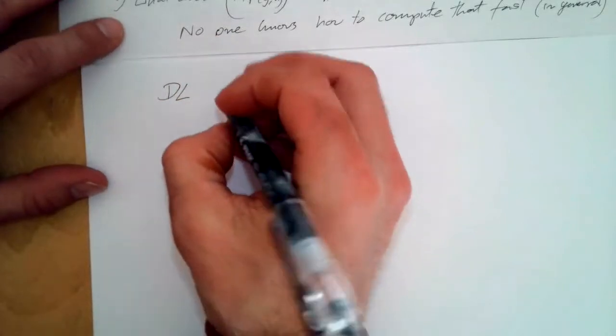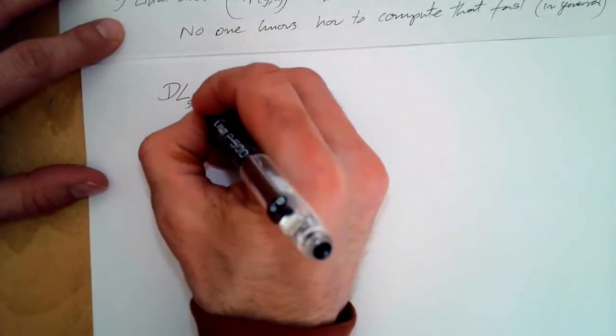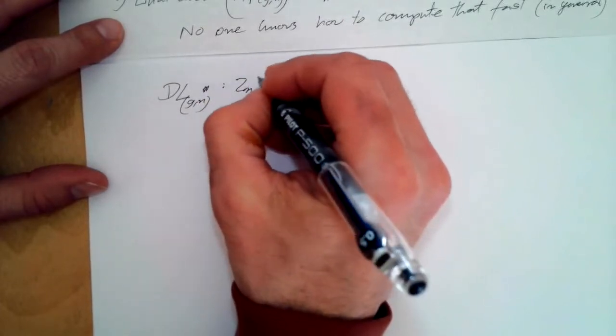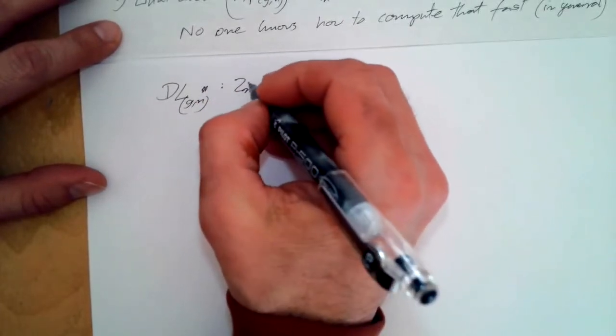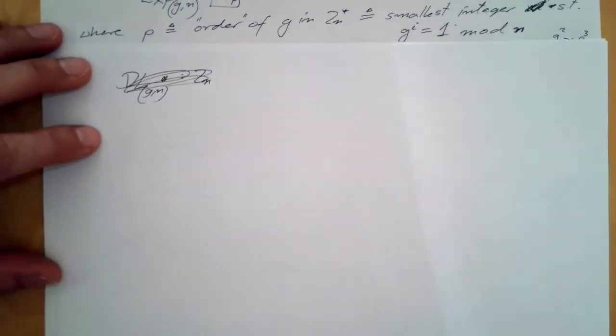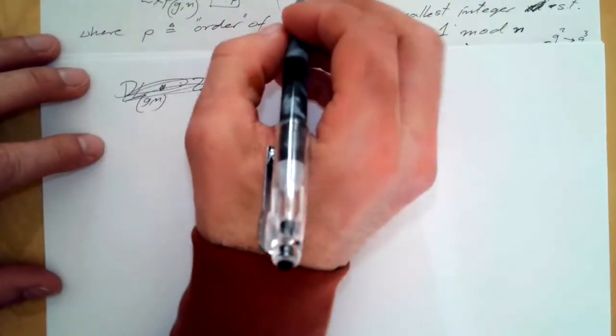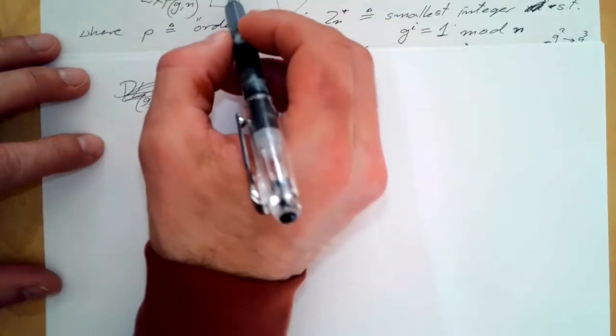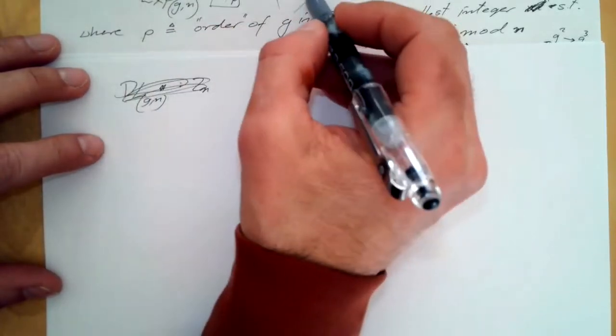The discrete logarithm function base g modulus n takes values in here. Actually, I have to modify this. This is definitely the range of this function, but it's not necessarily the image. In other words, there are some elements here that might not be hit; if you perform this map, perhaps you're going to miss some of them.